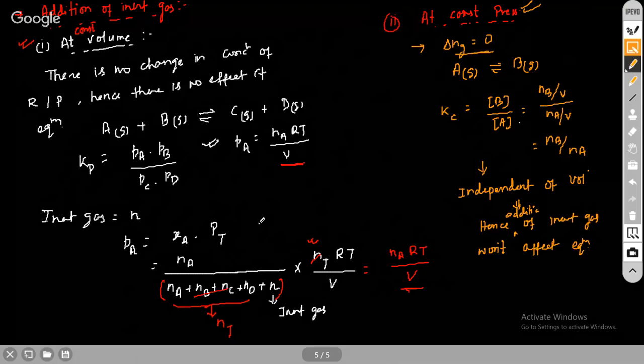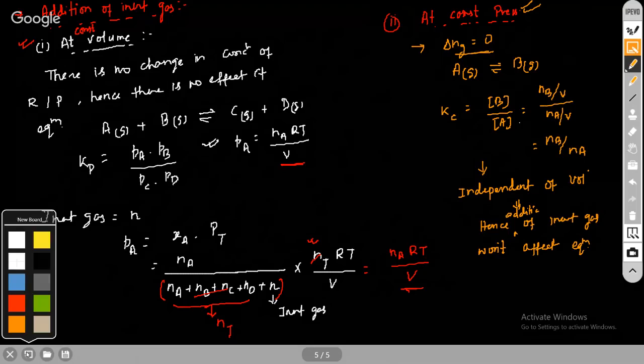Now, if I take the second case, that is when del Ng is greater than 0. Suppose the reaction is this: A gives B and C. Okay. So for this, Kc will be what?